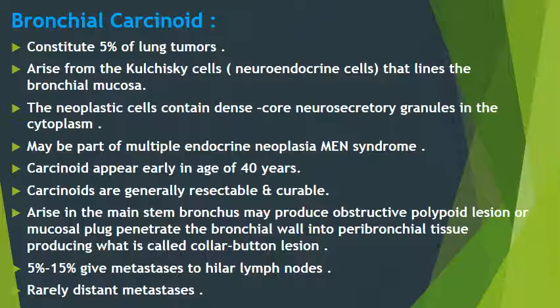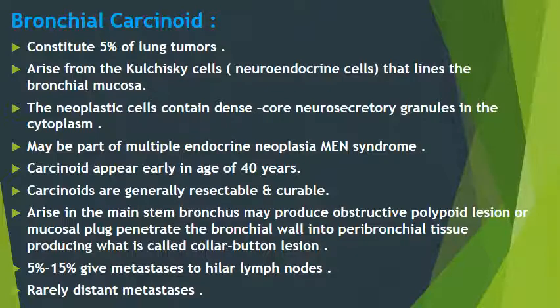Here, bronchial carcinoid is considered to be benign. However, sometimes it locally metastasizes to the lymph node. The biological behavior of the carcinoid is different, but it has a better prognosis, of course, than small cell carcinoma, for sure.